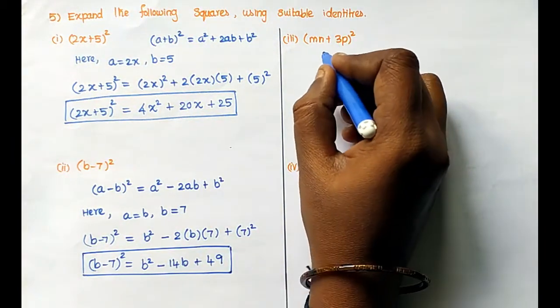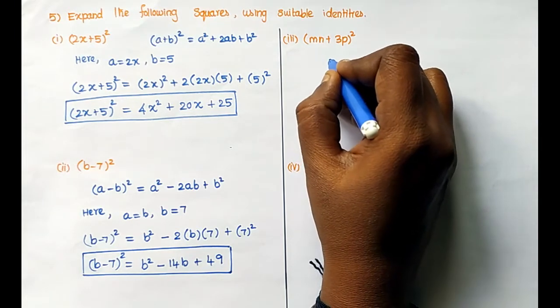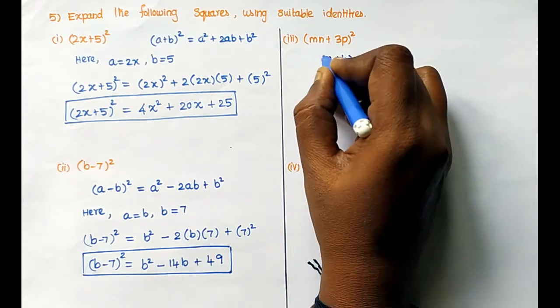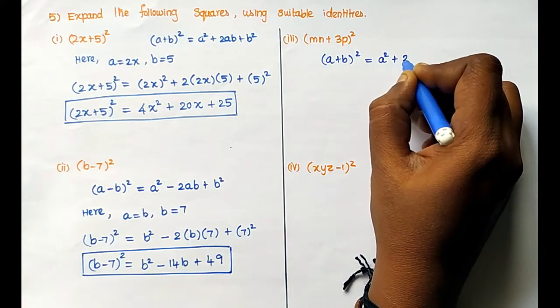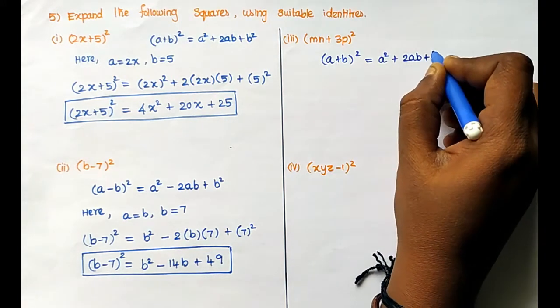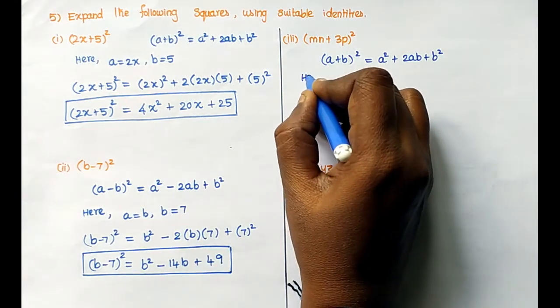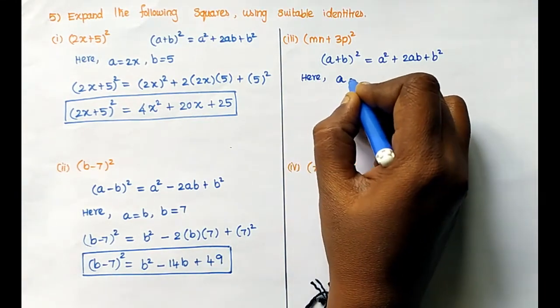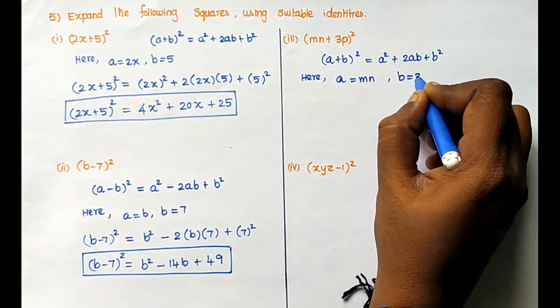Next sum, (mn + 3p) whole square. Here (a + b) the whole square equal to a square plus 2ab plus b square. This formula only. Here a equal to mn, b equal to 3p.